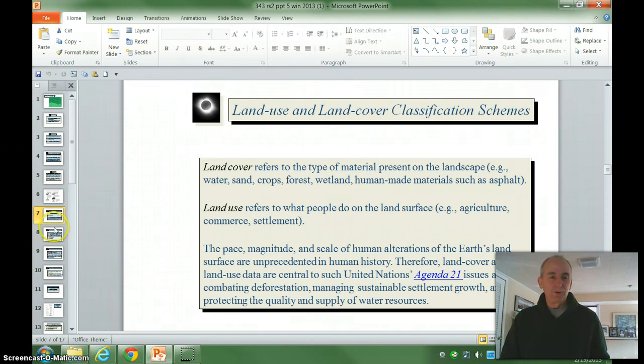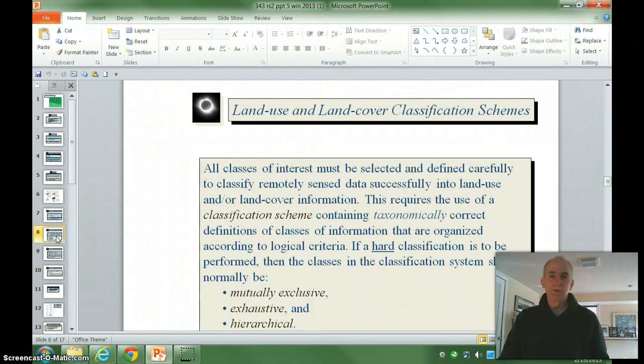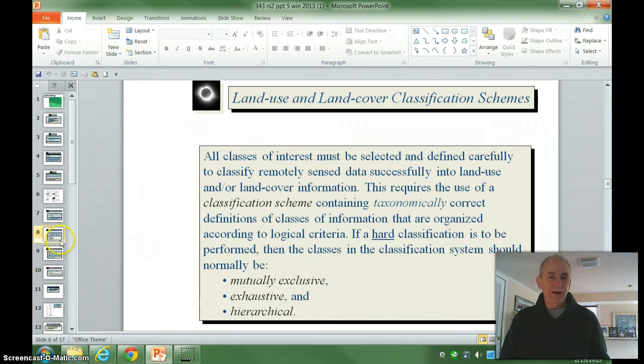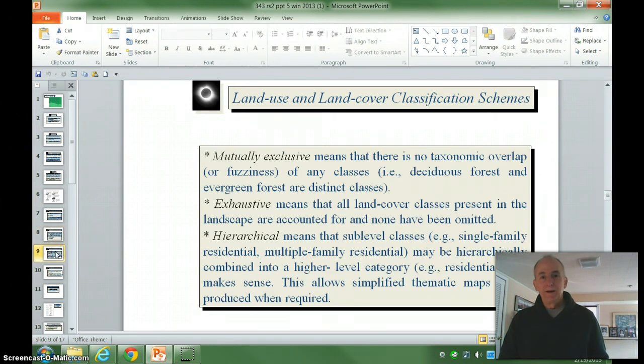You need to make sure you understand the difference between these two things. What we're doing is land cover classification typically when we do classification, and you should always be careful in the way that you set your classes up. You should take care and set them up in a way that is going to work for your particular classification.